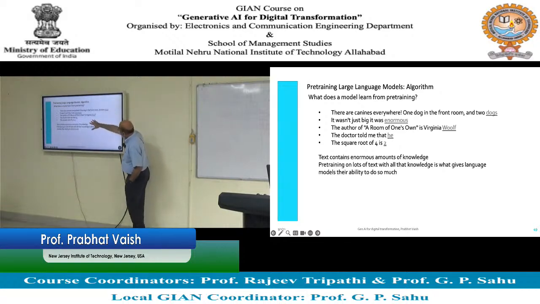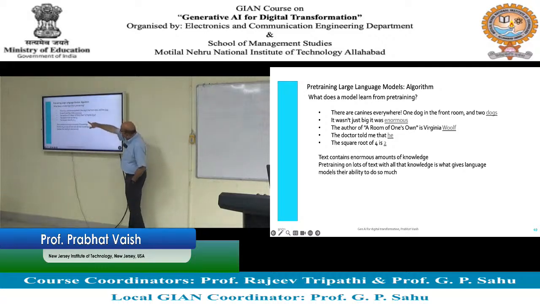It was just big, it was enormous. It is correctly predicting the next word, that big is related to enormous. If you say the author of A Room of One's Own, Virginia, it knows that this is not the Virginia state, it's the name of the person, Virginia Woolf. So it produces the right answer.